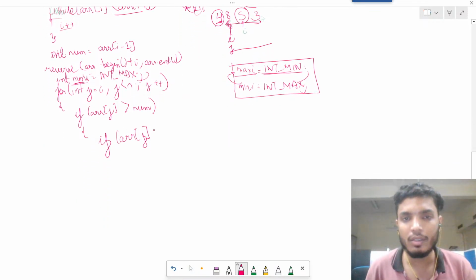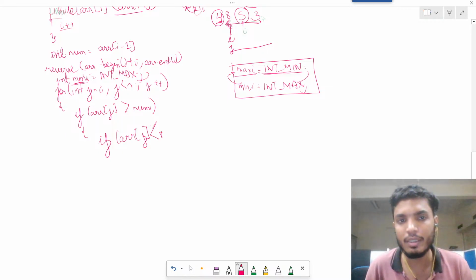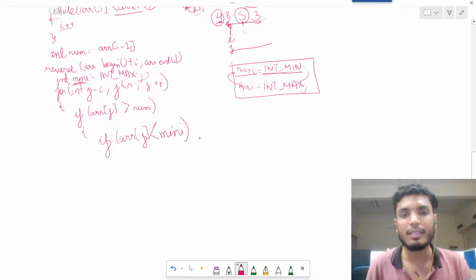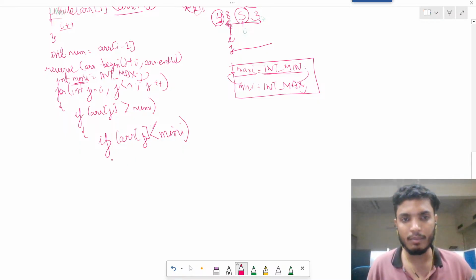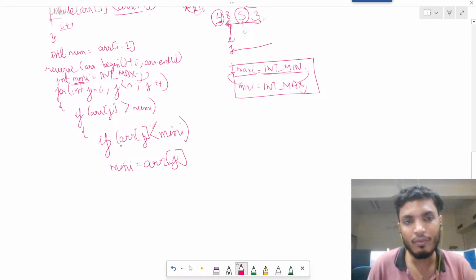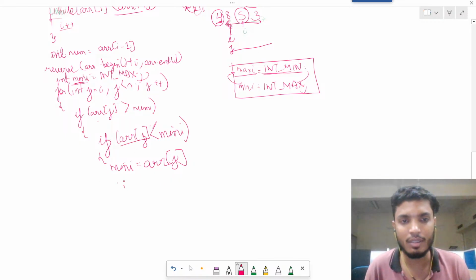So if error of j is less than mini, because you need the minimum number, then mini will be equal to error of j. The error of j is already greater than the number, and also you need to store the index, so index will be equal to j.